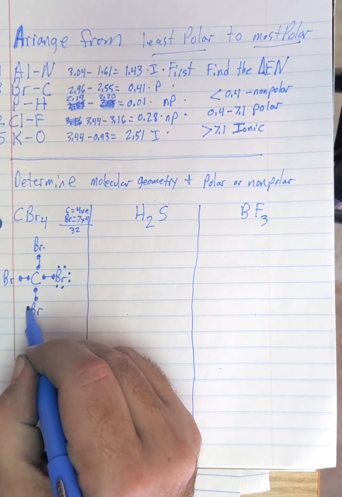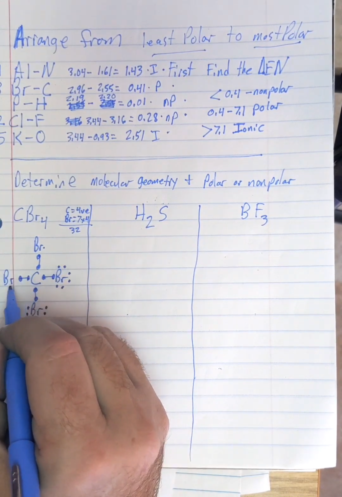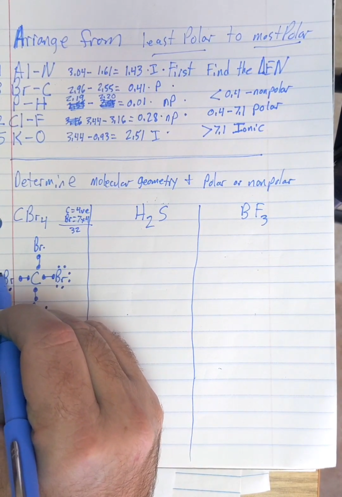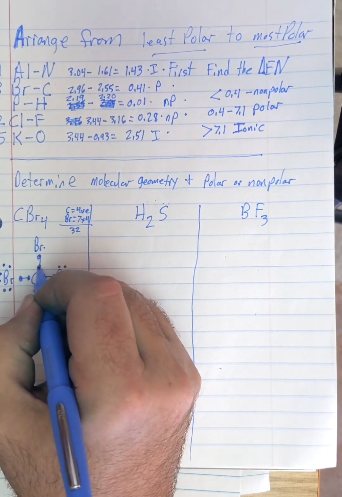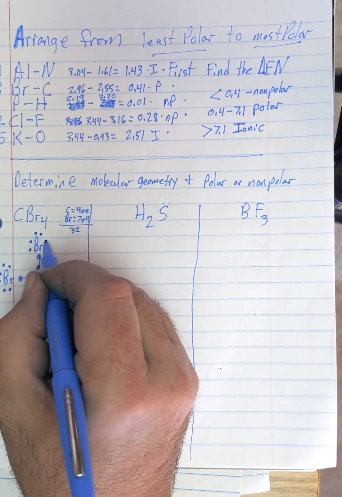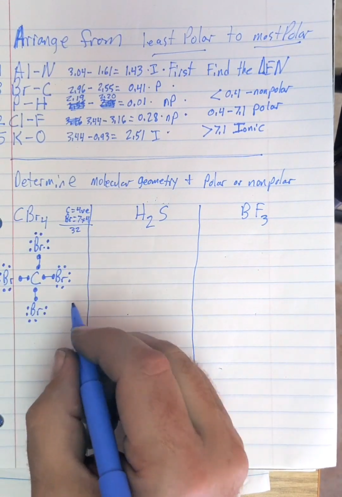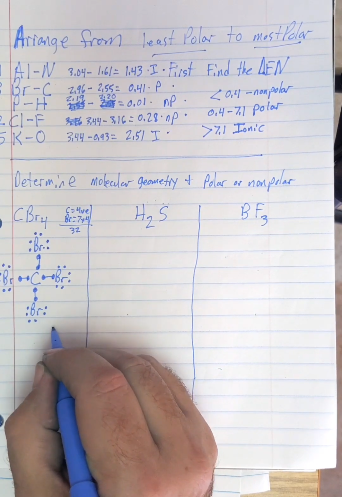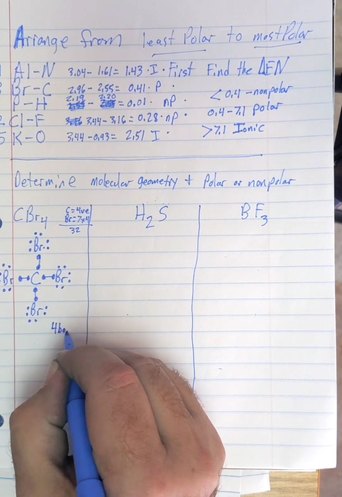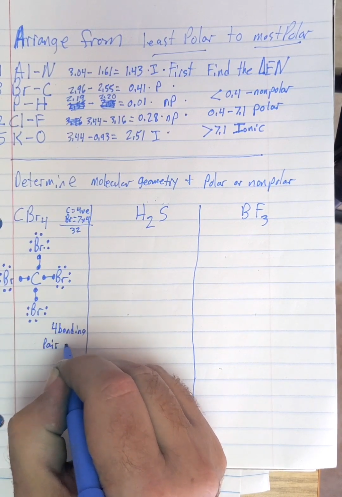Like I said, we've already used 8. So we're going to put 6 on each bromine. That uses up a total of 24, and then 24 plus the 8 we started with, that's 32, which leaves none left for lone pairs.